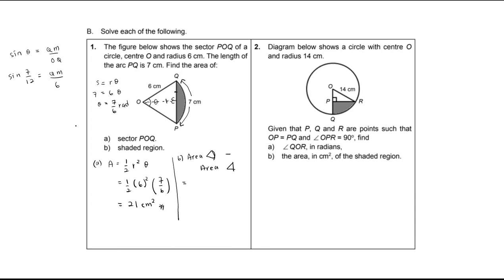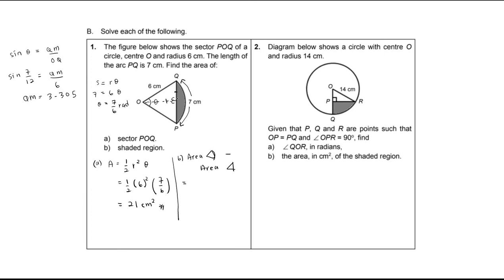Again, make sure that your calculator is in mode radian. Calculate sine 7 over 12 and then multiply by 6. You get QM 3.305. Let's try to calculate that first. Sine 7 over 12 multiplied by 6, 3.305.